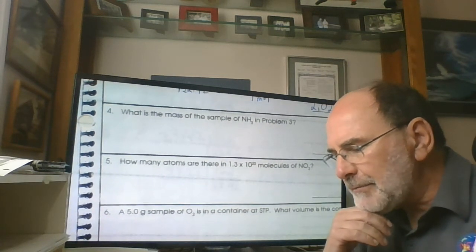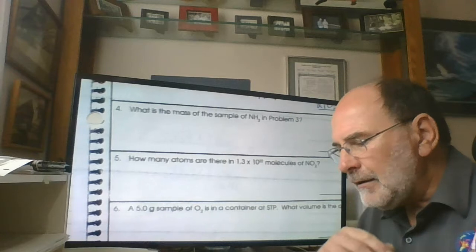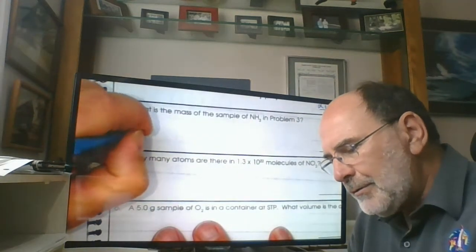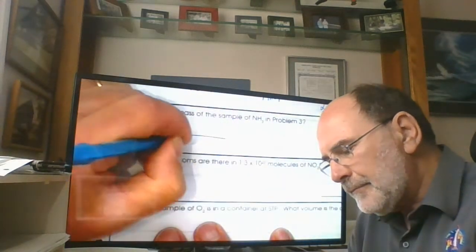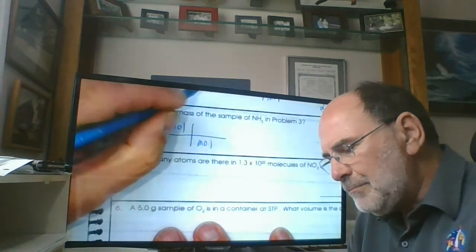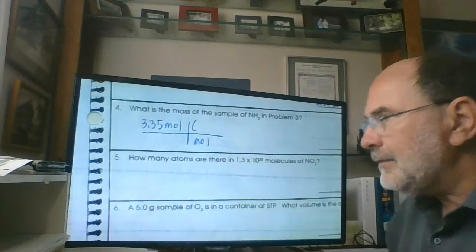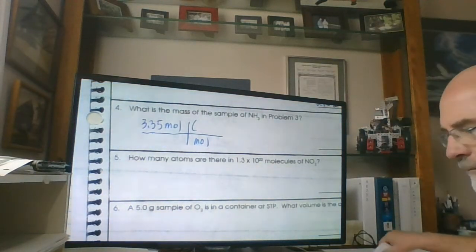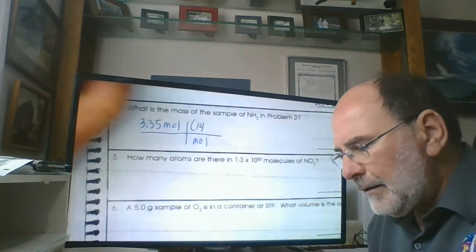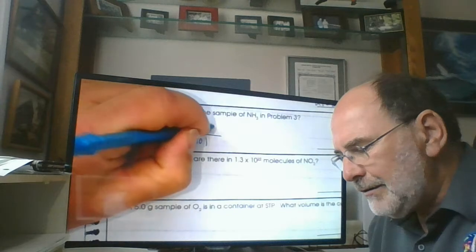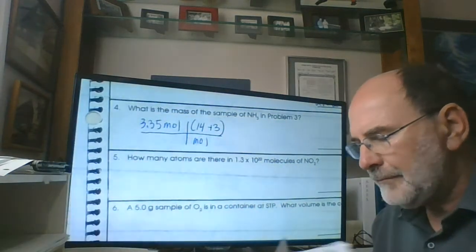Now you should be able to do number 4 yourself. If I have 3.35 moles, and each mole is the mass of nitrogen, which is 14, plus 3 hydrogens, we'll just call them 1.